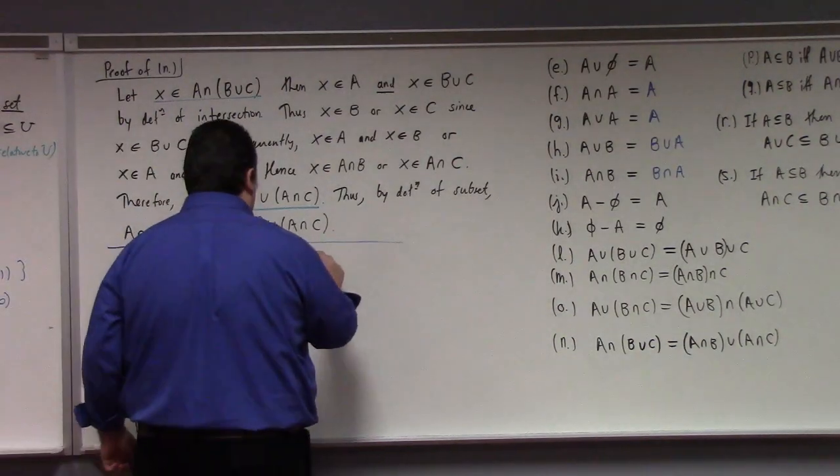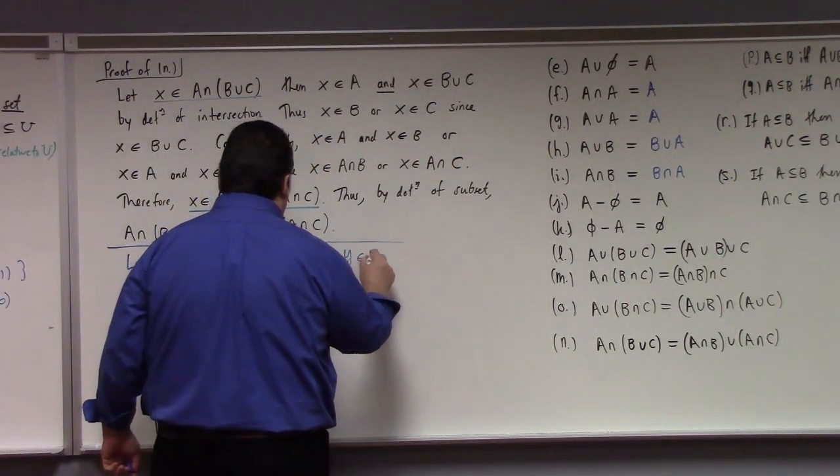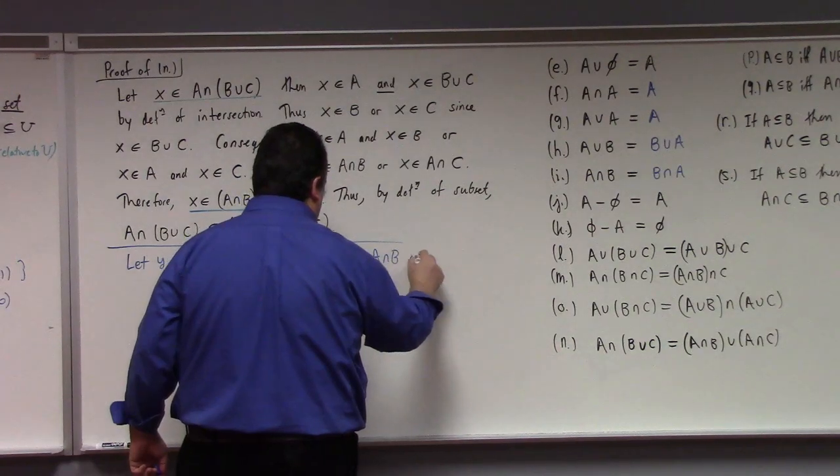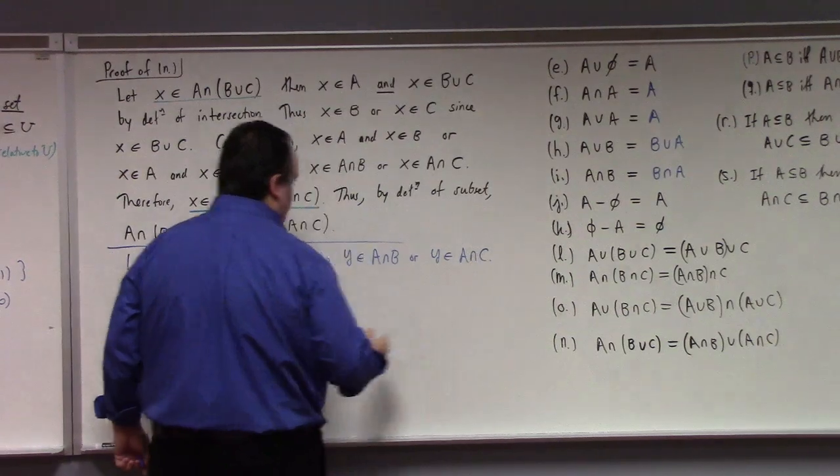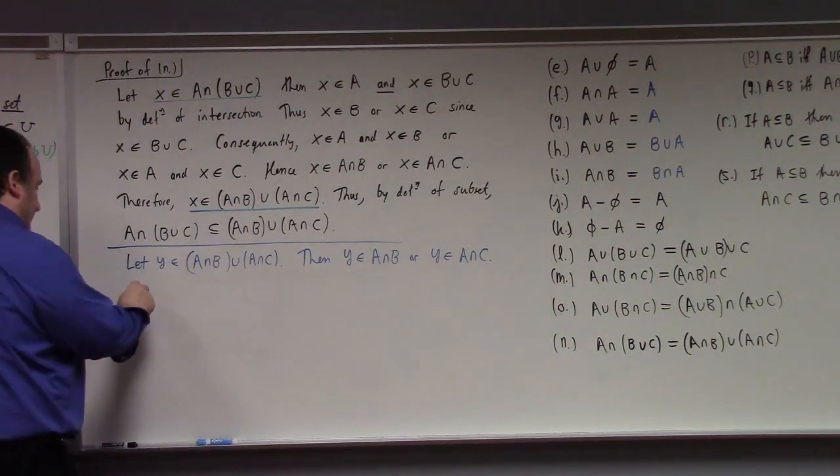Then Y is an element of A intersect B, or Y is an element of A intersect C. Hence what?